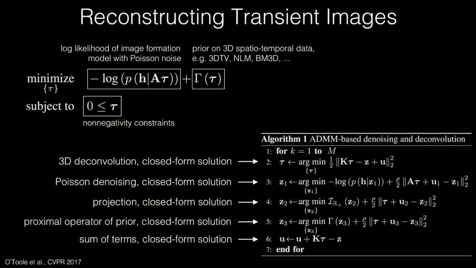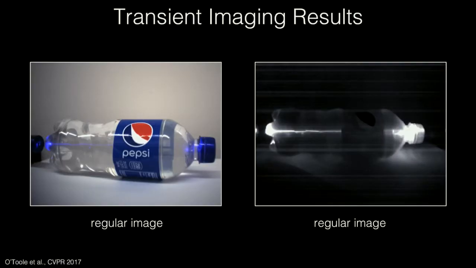Our research aspects are more on the signal processing, on the optimization of making decisions under the uncertainty given by these image formation models. We deal with Poisson noise, priors, and so on. I'm going to skip over the mathematical details, but that's kind of what we do in the lab and what we publish our papers on. But some of the results that we've been able to capture include, for example, here is a bottle of murky water.